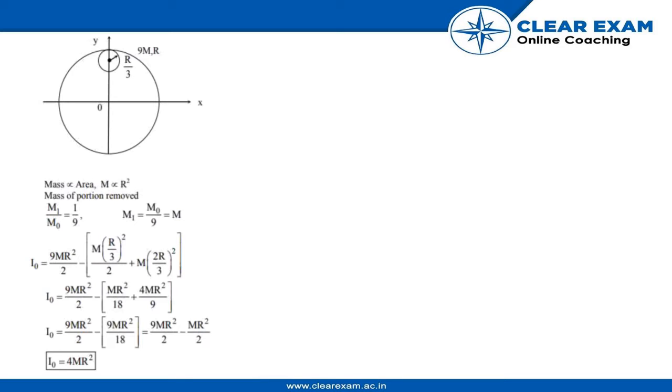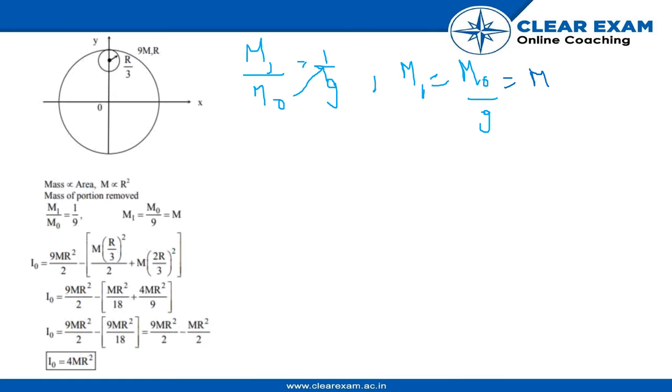So the mass of the portion which has to be removed would be m1 upon m naught equal to 1 by 9, and m1 is m naught by 9. Here we simply send it over here, and simply this would be equal to m.